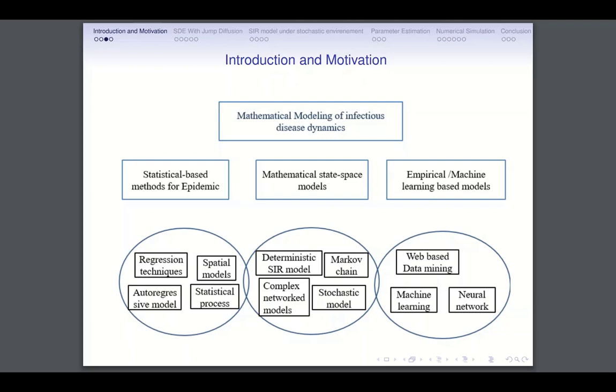We also have the mathematical state space models, like the deterministic SIR model, Markov chain model, stochastic model, etc. And we also have the empirical or machine learning based models, like neural networks and web-based models. Our choice was to use a classical SIR model, but this time we are going to put it in a stochastic environment.